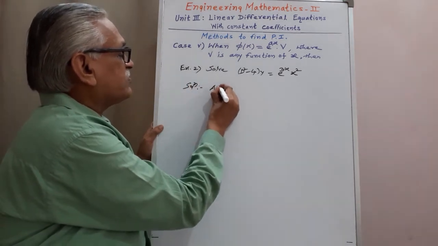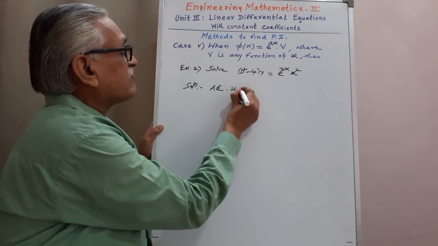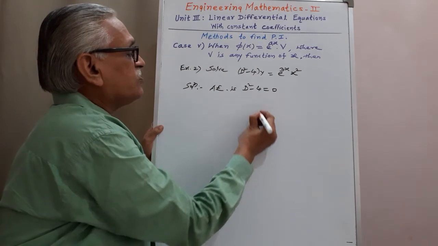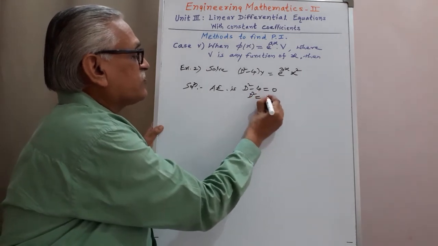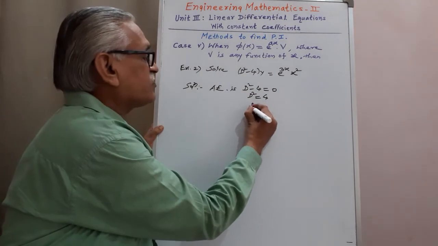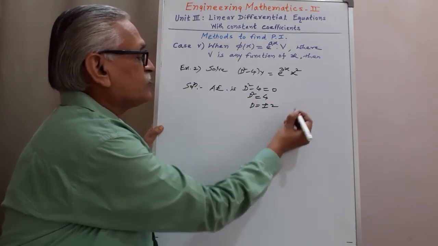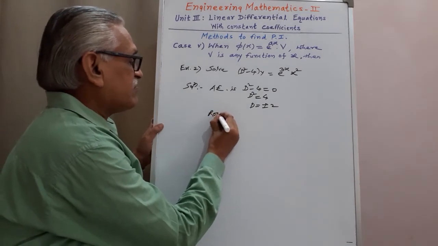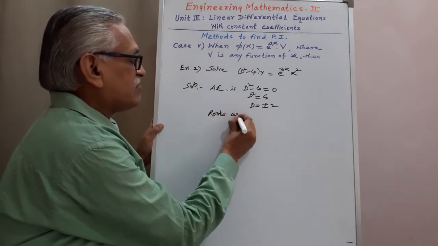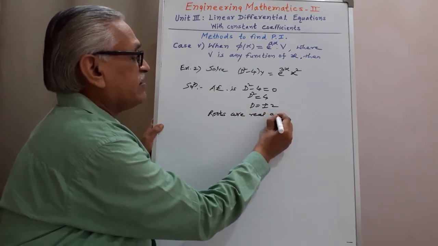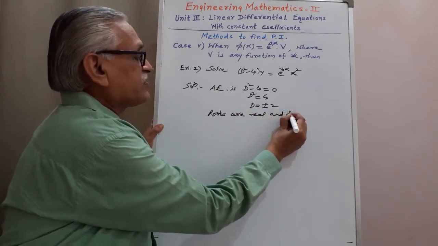auxiliary equation is D square minus 4 equating it to 0. It gives you D square is equals to 4. Taking square root on both sides, we get D is equals to plus minus 2. Roots are real and different or distinct.